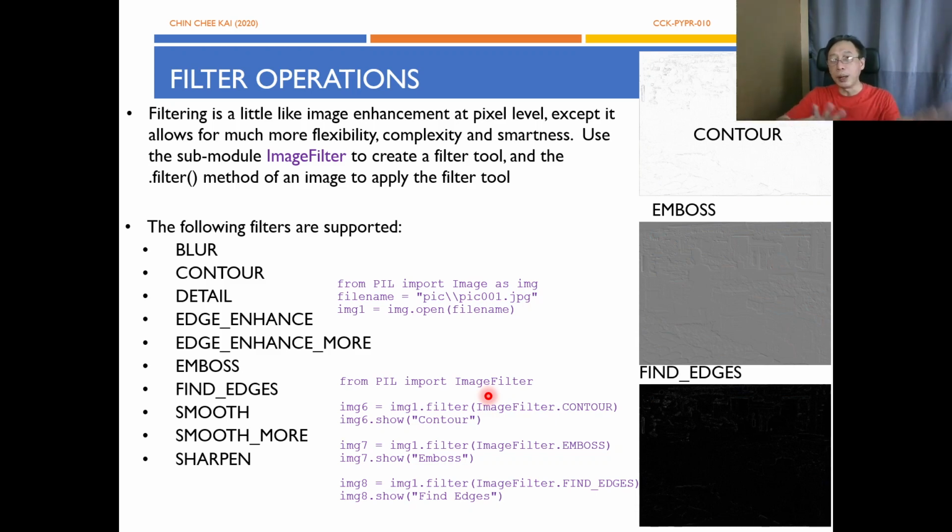So the tuning parameters and the way they work may, on a very coarse high level that we just casually take a look at, seem similar, but the goals are different. So the ability to tune them, the ability to be useful in subsequent high level operations like face recognition, edge detection, and all that will be very different. So don't try to mix them up. Use image filter for serious pipelining image operations, and image enhancer for end products that are meant for human consumption.